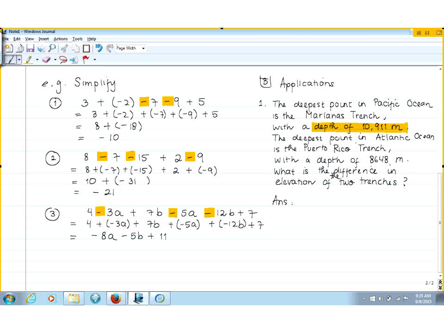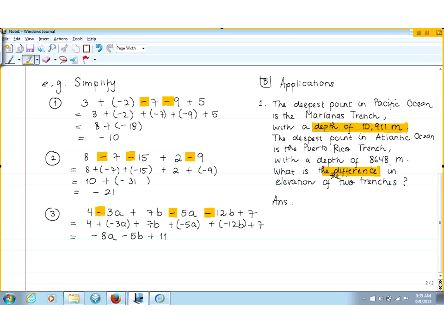How do you represent the depth in Pacific Ocean? So here can be represented by a positive or a negative number. Negative, yeah. So below the surface, we represent these with negative numbers. Okay, and we're trying to find the difference.